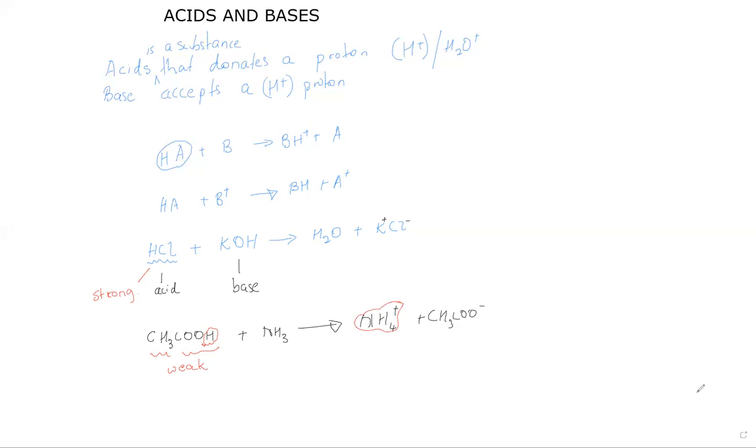Now, let's have a look at an acid reacting with water. What you call an aqueous solution. You have water there, which has got the proton added, which was donated from an acid. Let's see here. This is aqueous here.